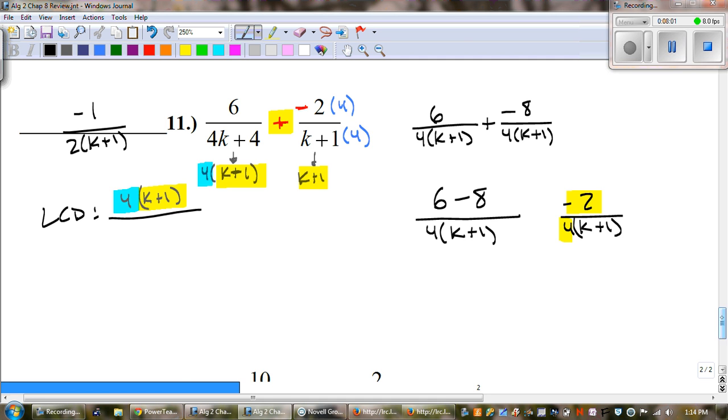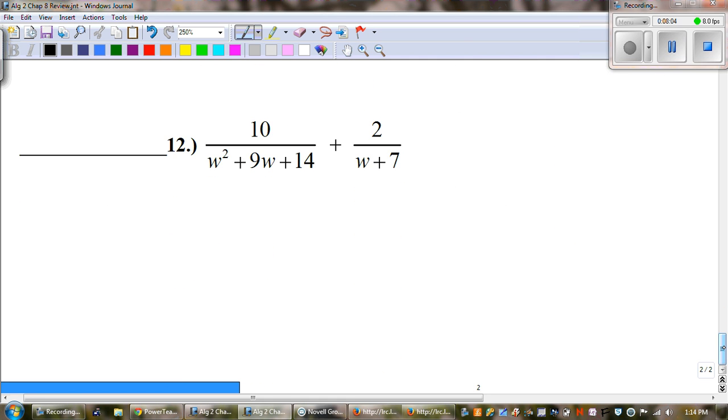Okay, last one. So, it's addition, but are they the same? No. We need to find that LCD. So I'm going to break this down. I'm looking for numbers that multiply to get to 14 and add to get to 9, which is good, 2 and 7.